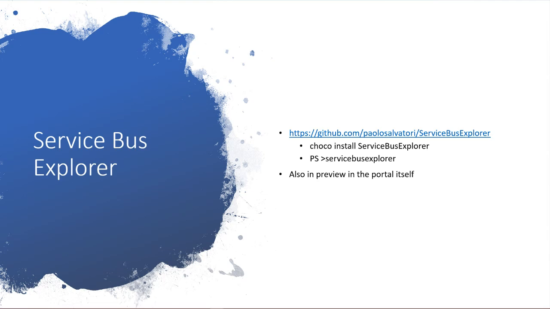But if you want to have a look at what's in Service Bus, then you need some form of tool that allows you to look at the messages. One such tool is the Service Bus Explorer, and that is at this very strange GitHub location. There's also a preview of it in the portal, but there's less functionality in that one, so we won't be using that one. We'll use the desktop one.